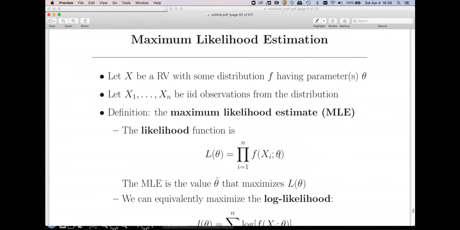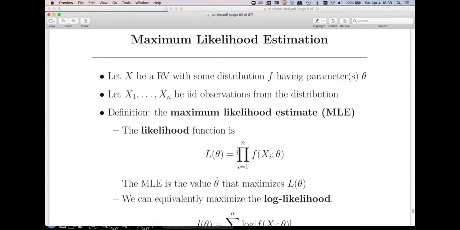We still multiply the PDFs as I multiplied the PMFs in the case of my Bernoulli trials. Now, in general, this is a difficult expression to deal with. So as soon as you see the word maximize, you should start thinking about having to take the derivative of this.